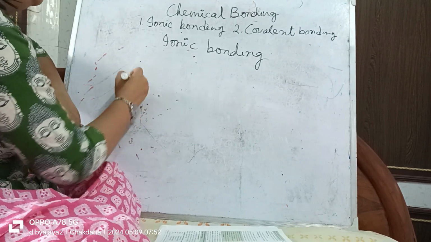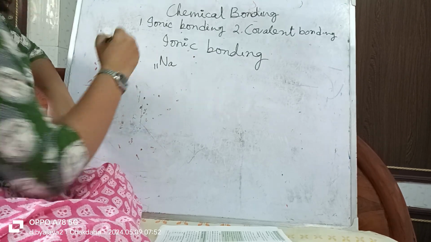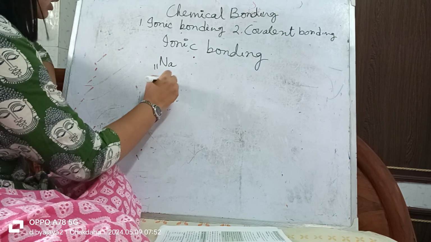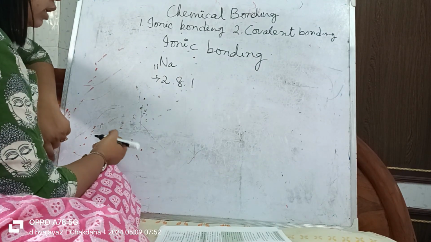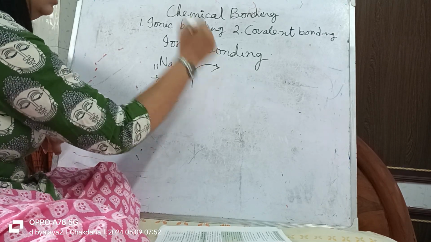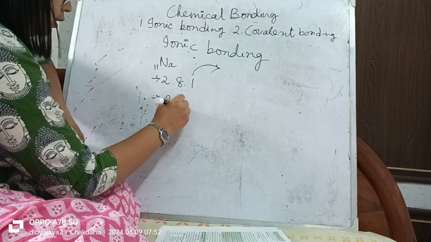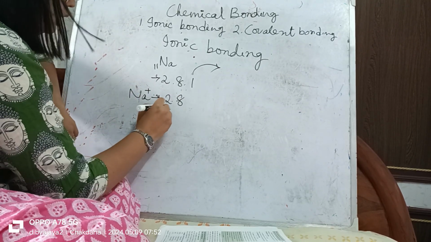Suppose sodium has 11 electrons, so its electronic configuration is 2, 8, 1. So sodium will release one electron, and then it's 2, 8, and this one is Na plus, a cation.